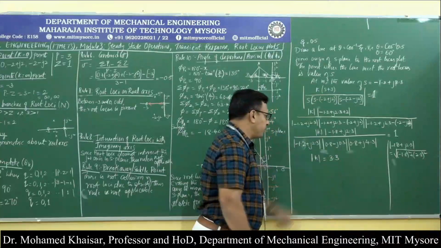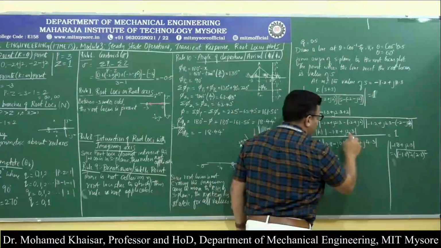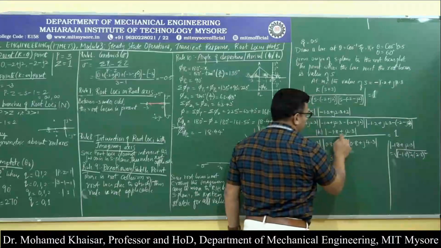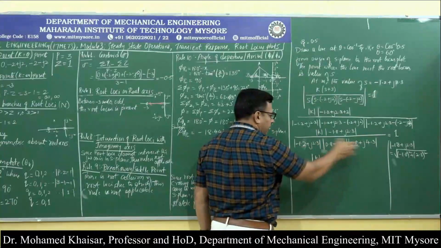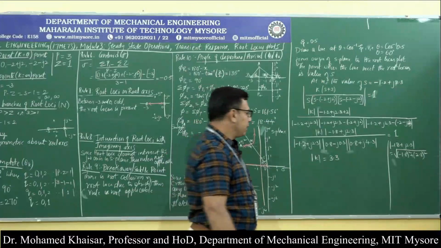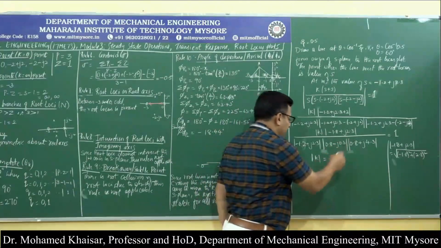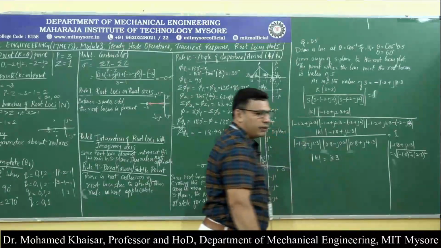How you will arrive at this point is just like I have shown over here. If you want to find the modulus, it is root of real part square plus imaginary part square, and you will get some value. For these two also you need to do the same exercise. Then you substitute the values, carry out cross multiplication, and you will find modulus of K is equal to 3.3.